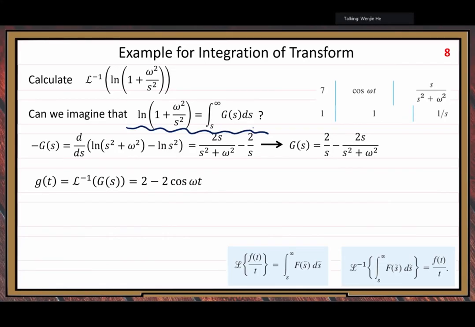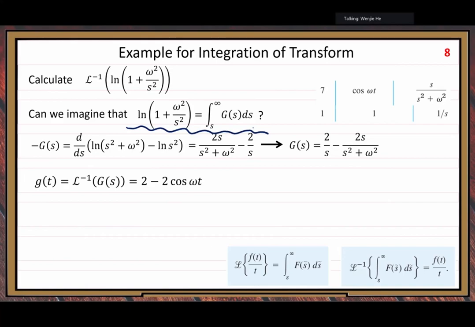So now we can apply the integration of transform formula. Here you can see, this is what we want to do. Capital G here, little g here, right?